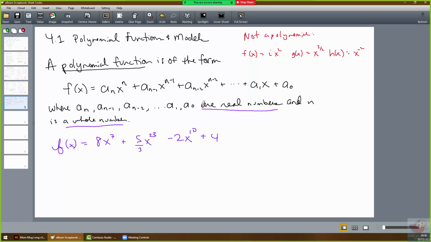These are not polynomials. You can't have that with a polynomial. Coefficients have to be real. Exponents have to be whole.